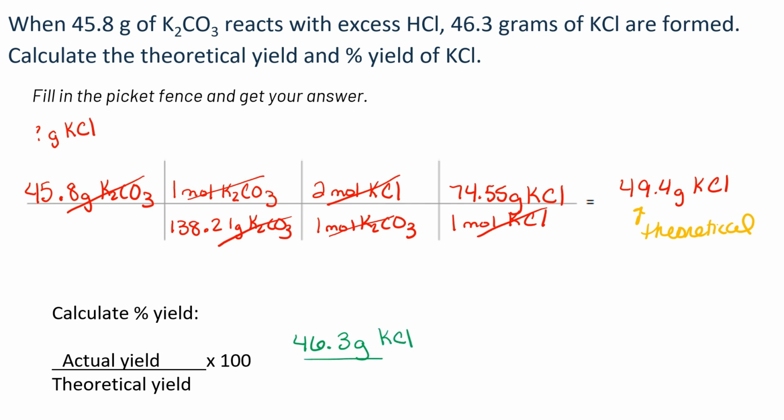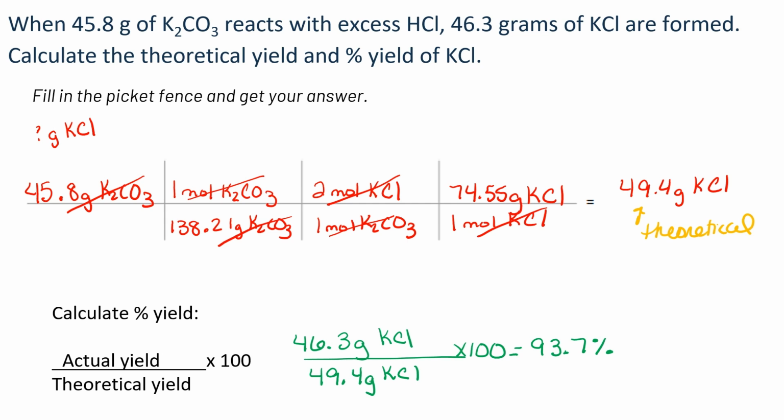I'm going to divide that by my theoretical yield, which is 49.4 grams of potassium chloride. I'm going to multiply that by 100, and I'm going to get 93.7%. And that tells me that I got 93.7% of the potassium chloride I expected to get.